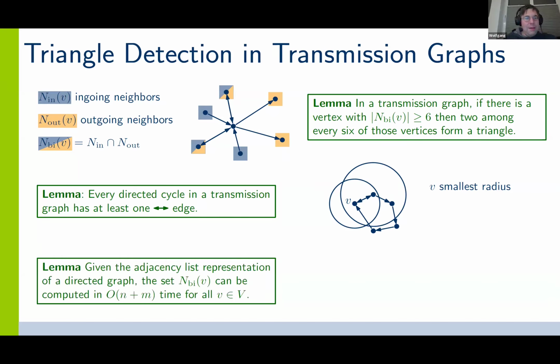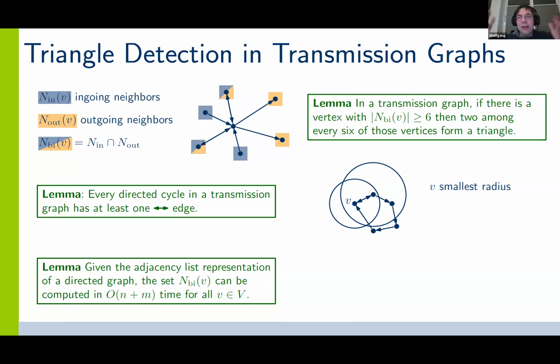Okay. And so now what we need is still some algorithmic lemma. The game is that we're given this graph, and we have to identify these bidirectional neighbors. And for this we have the adjacency list representation.